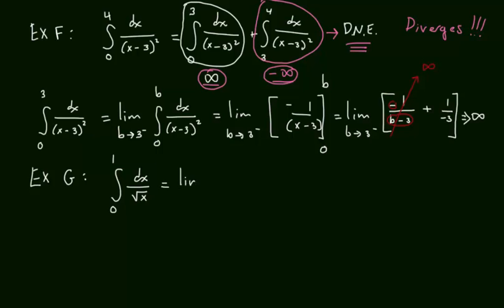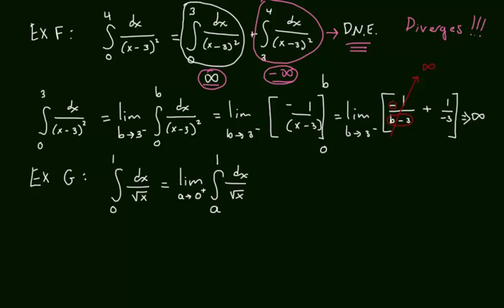The limit, with the bound that is not defined in the domain, of the integral from a to 1 of dx over radical x, as a approaches 0 from the right.